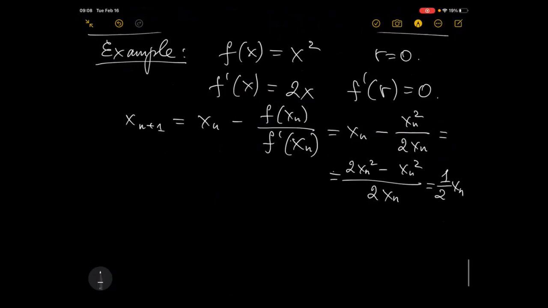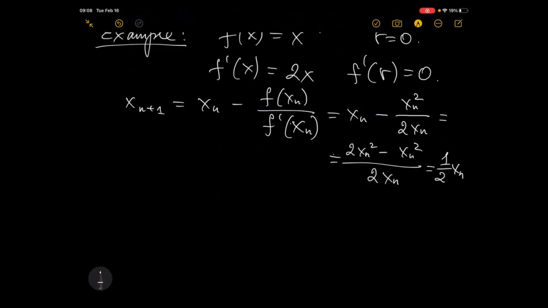So what we see is that if we start from some point far from the root, on every step our distance from the root, which is xn because the root is 0, will be xn plus 1 minus 0 equals 1/2 xn minus 0, right?